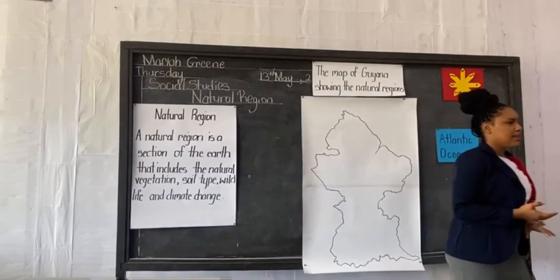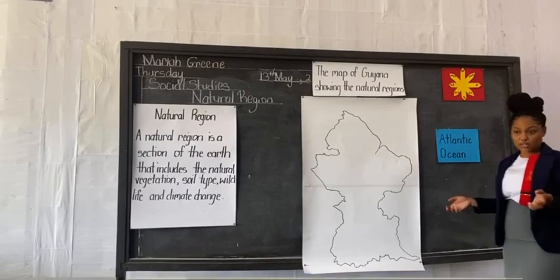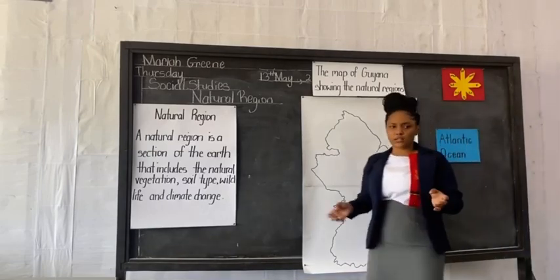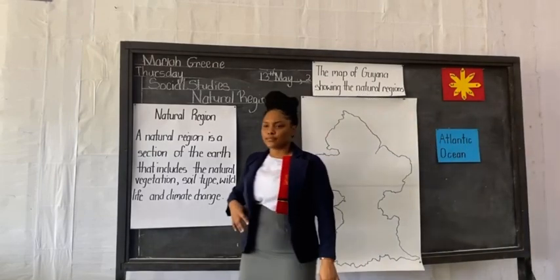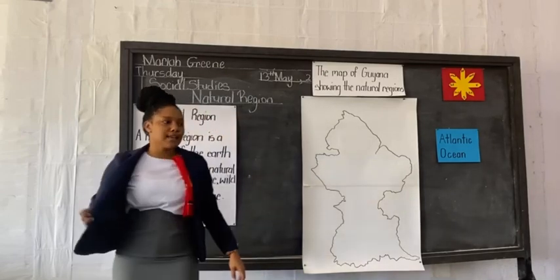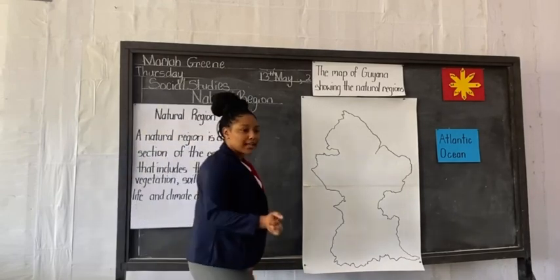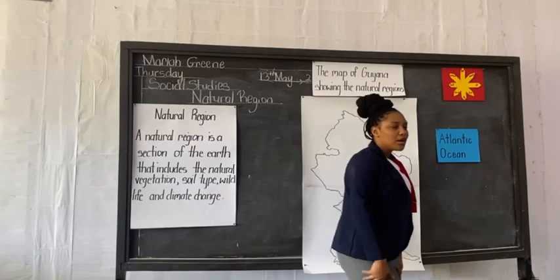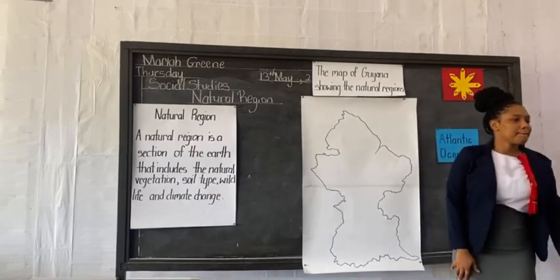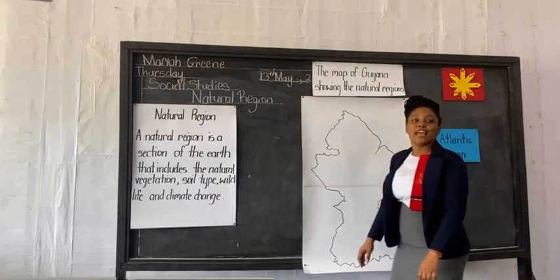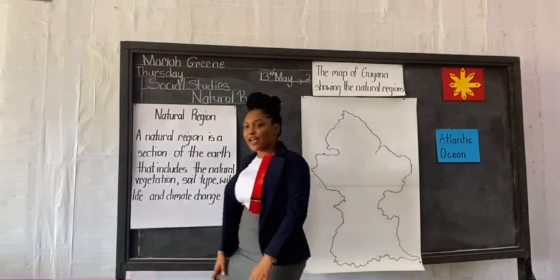George is saying that it's found on the coast. Okay, anyone else? Lyndon is saying that it's found near the Atlantic Ocean. Correct. Yes, Peter, it's found near the Atlantic Ocean.